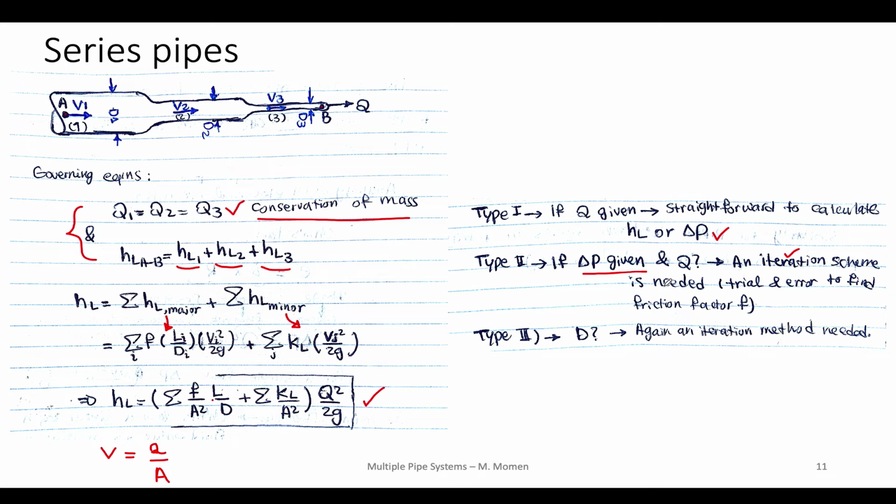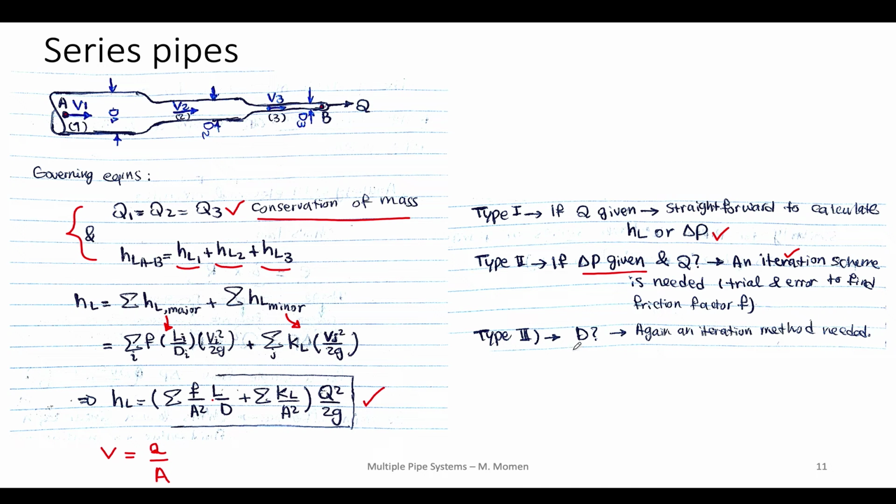So if you want to use the Moody diagram, we need to know velocity, but that is an unknown in our problem. So we need to use an iteration scheme. We need to assume a velocity or friction factor, and then go through it again and again to make sure that all the equations are satisfied at the same time. If you remember, we saw an example of this in the last session.